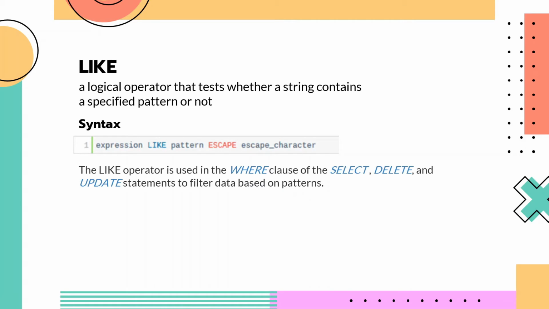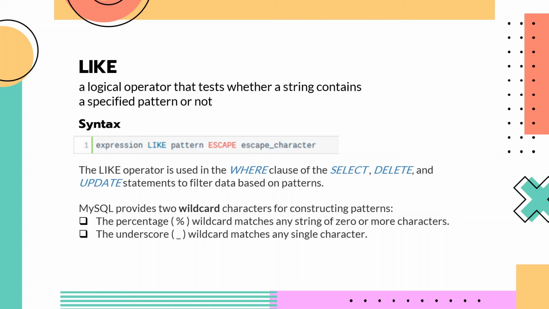The LIKE operator is used in the WHERE clause of the SELECT, DELETE, and UPDATE statements to filter data based on a specified pattern. MySQL provides two wildcard characters for constructing patterns. First is percentage and second is underscore.